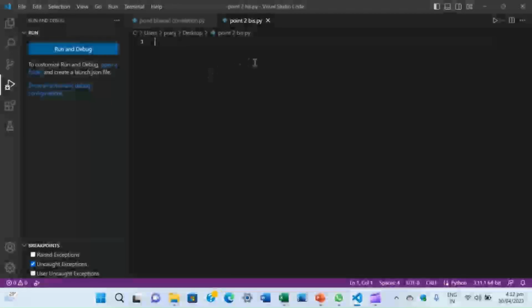Here Visual Studio is open, and in this studio we will prepare a program for calculating point biserial correlation. In the first line, first we will write the heading of the program.